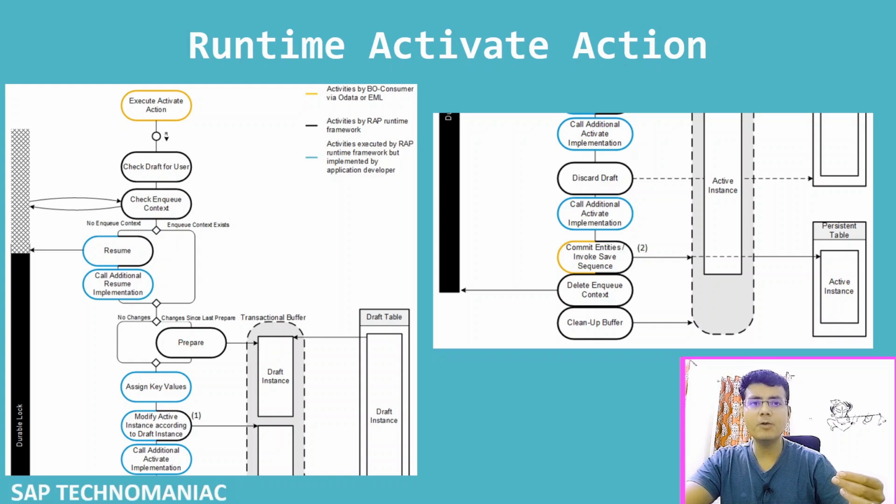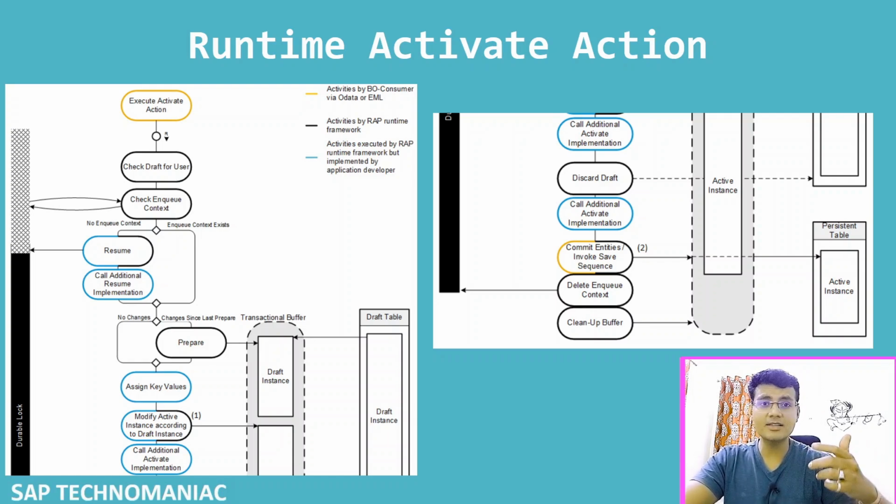The resume action basically locks the data. We will discuss this action in detail later, but as of now you can understand it puts the lock on that particular draft data. If you have some additional implementation for that resume action, that will be called. First the locking is done, then the second action called is the prepare action.